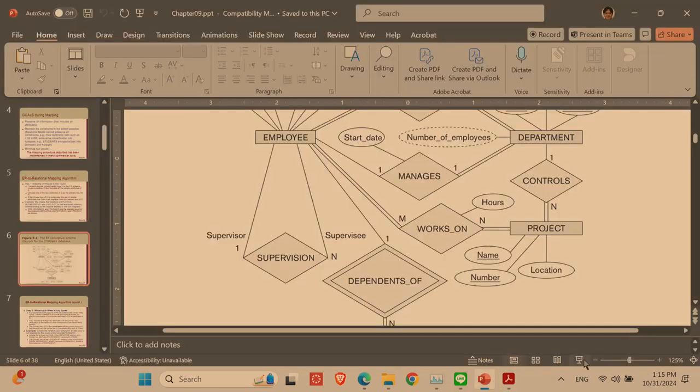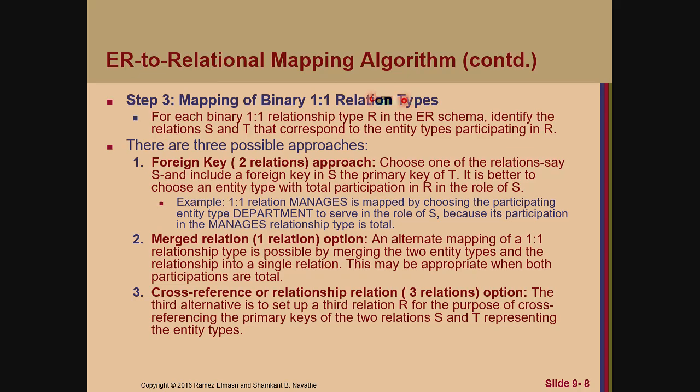So now we know how to, in an ER schema, identify the relations S and T that correspond to the entity types participating in R. So there are 3 possible approaches. Wow, 3. The first one, foreign key approach. You choose one of the relations, say S, and include as foreign key in S the primary key of T. Okay.